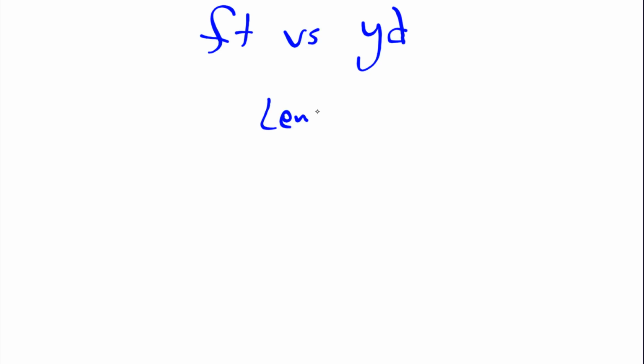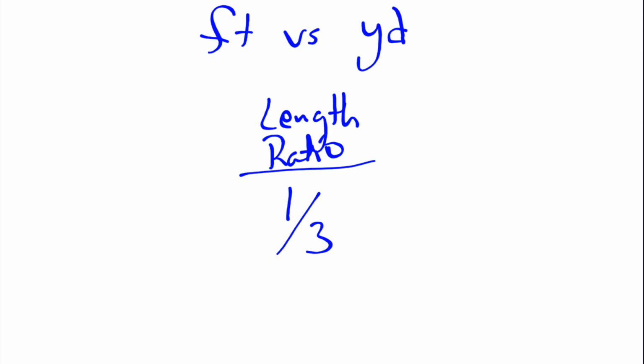So if we take a look at the Rubik's Cube example with feet compared to yards, when we look at our length ratios, these are the ratios that most people are familiar with. You have a 1 to 3 ratio.